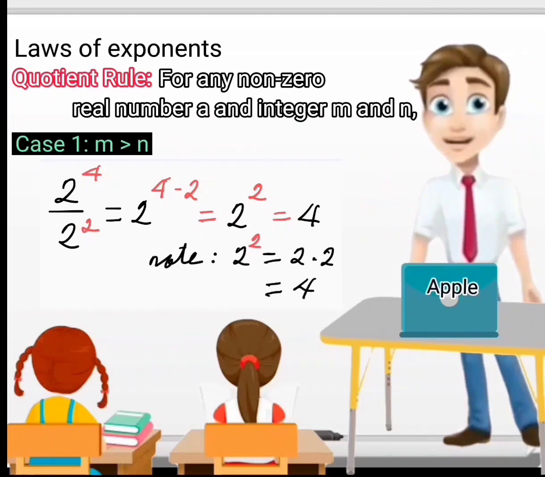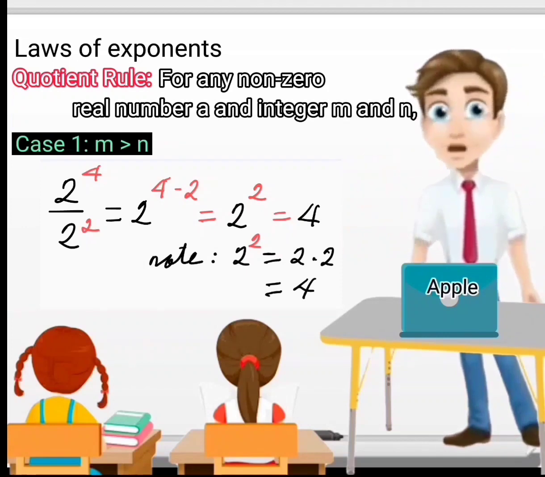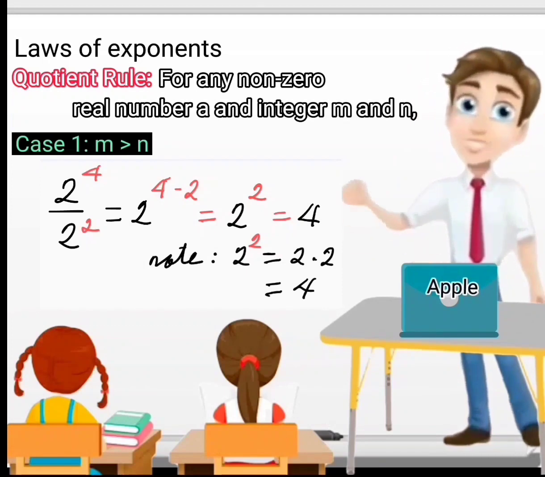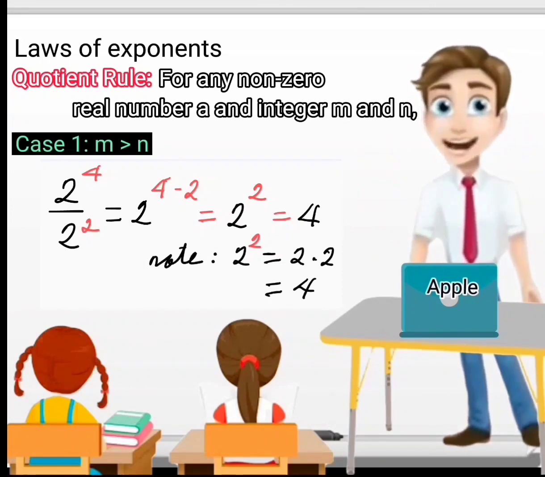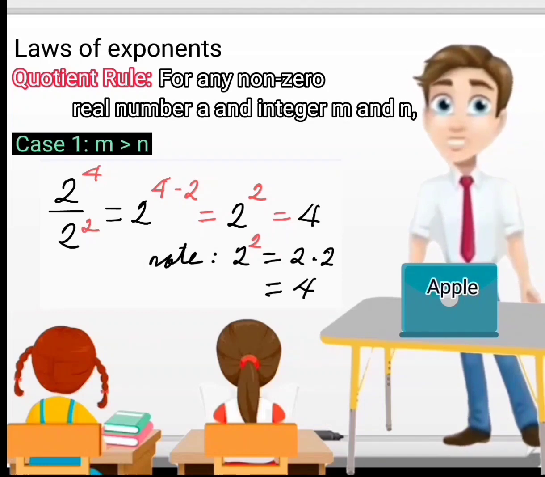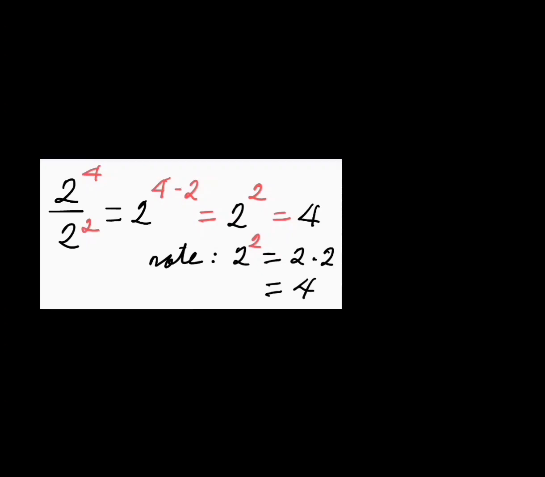So that is equivalent to 4 minus 2, and that is 2. Again, copy the common base 2. And what is the meaning of 2 raised to 2? That is equivalent to 4, because 2 raised to 2 is equivalent to 2 times 2, and 2 times 2 is equivalent to 4.